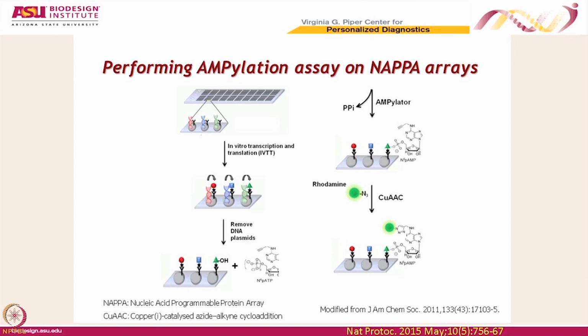Then he added this alkyne modified ATP along with an ampylator that released a pyrophosphate, and it added this modified AMP to whatever target proteins were there. Now it's displaying this open alkyne group.